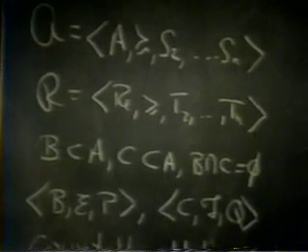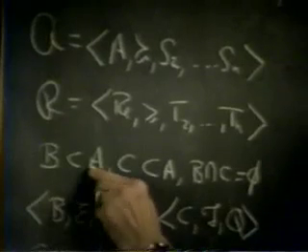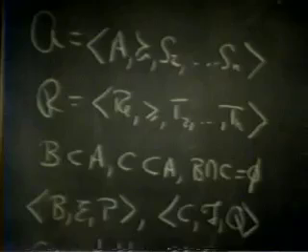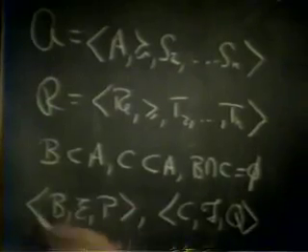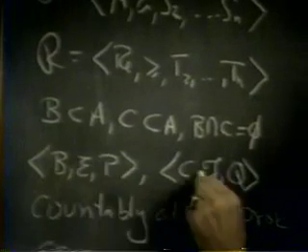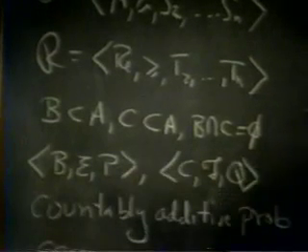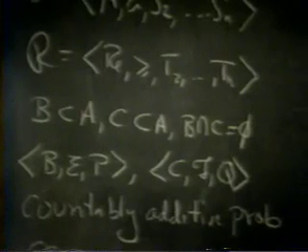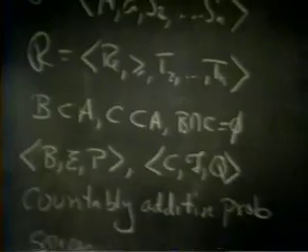Let me also assume that I've got some subsets of A, call them B and C, and they're disjoint. And on those subsets, I have probability spaces with different algebras of events, of course, and different probability measures, P and Q. And I'll assume that these are countably additive probability spaces.